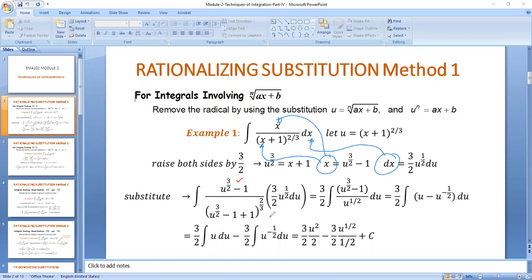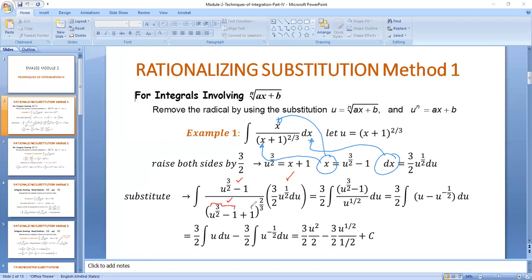So you have 3 halves u raised to 1 half du. Okay? What about the x in the denominator? What will happen to the x in the denominator? So, this one. You will have to change this x here by u raised to 3 halves minus 1. This entire expression is your x.